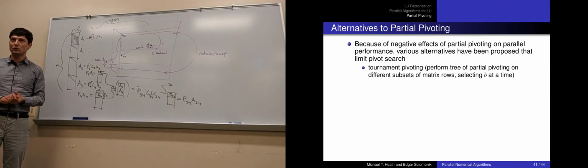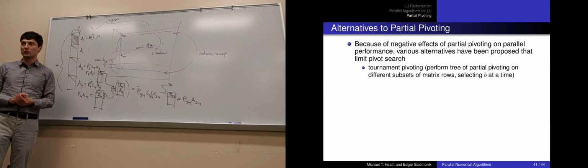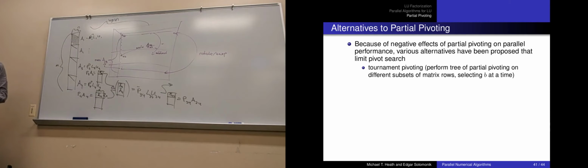So with respect to just doing a LU factorization with partial pivoting sequentially, what amount of extra computation do we need to do? Where does it come from?